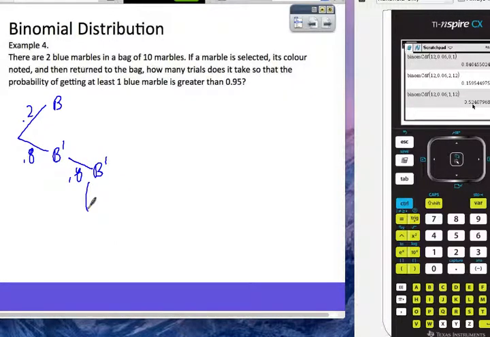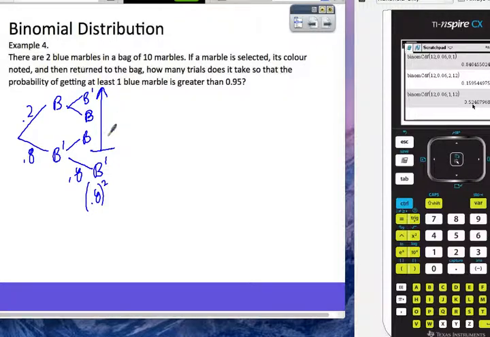So after 2 trials, probability of getting none is 0.8 squared. All right, and if you think of it in terms of complementary events, if we filled in this tree diagram here, all these other branches would result in at least 1 blue. You notice that every branch would have at least 1 blue in it.